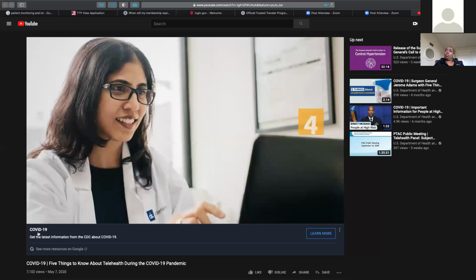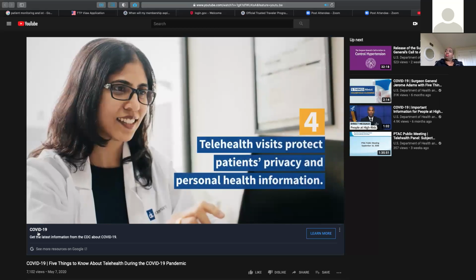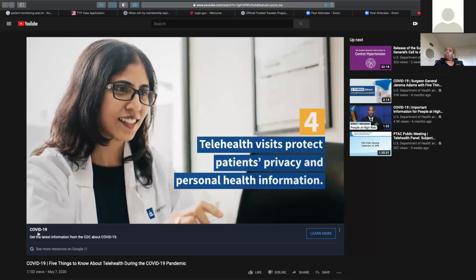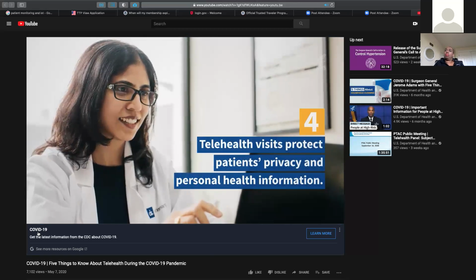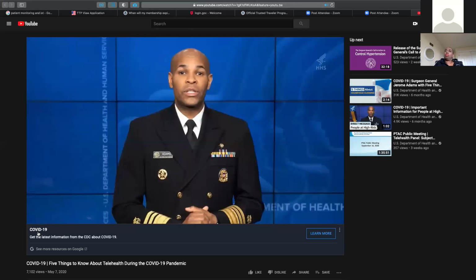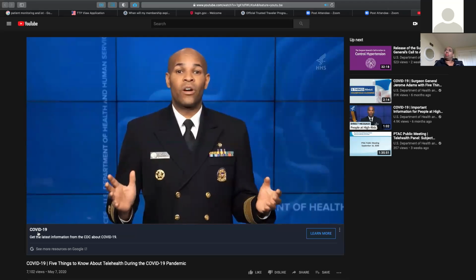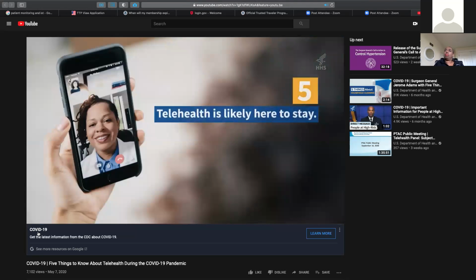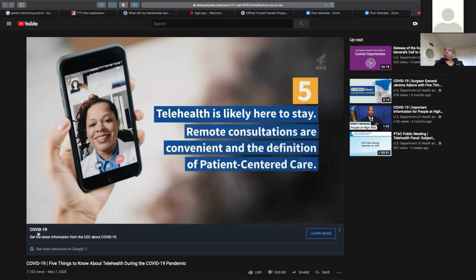Fourth, telehealth visits protect patients' privacy and personal health information. HHS has made it easier for providers to offer telehealth services through commonly used technology while still maintaining guardrails to ensure privacy and protection of patients' sensitive health information. And fifth, telehealth is likely here to stay. Of course, there will always be a need for in-person visits, but remote consultations are convenient and are the very definition of patient-centered care.